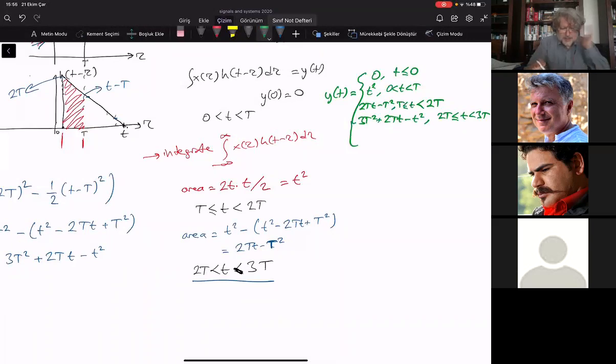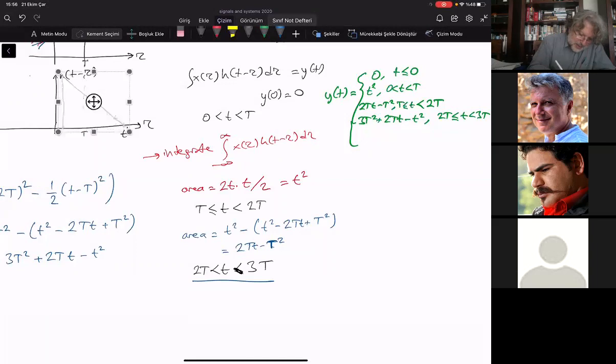So we need some further place. What happens if t goes beyond that 3T? Then it means this triangle completely falls out of the range. Let me just illustrate it very briefly by erasing these and taking this shape out of everything like this.